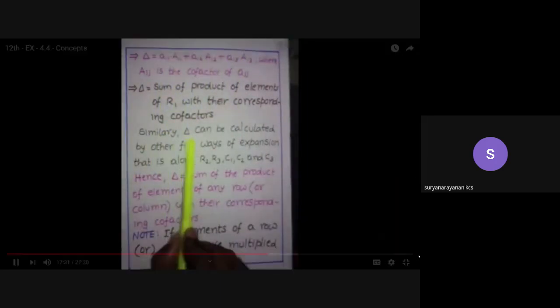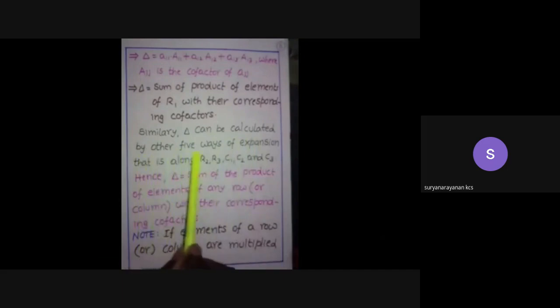Similarly, delta can be calculated by the other 5 ways of expansion, that is along R2, R3, C1, C2 and C3. We know we can expand the determinant along R1 or R2 or R3 or C1 or C2 or C3. Hence, delta is equal to the sum of the product of elements of any row or column with their corresponding cofactors.